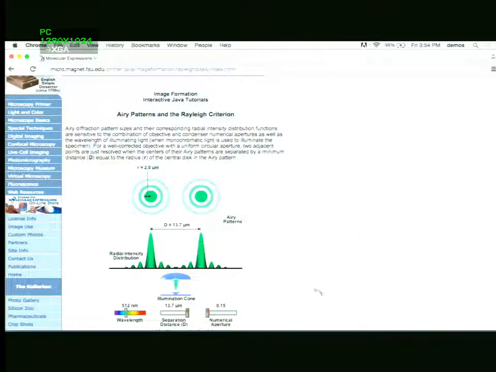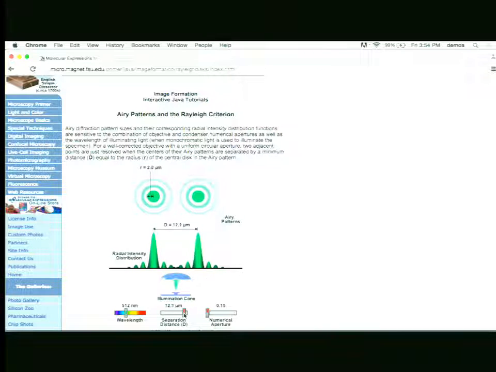demo here, where if you have a single source, it creates a diffraction pattern that looks something like this with its first minimum here. The criterion, now suppose I bring these two close together, if I can. Separation.